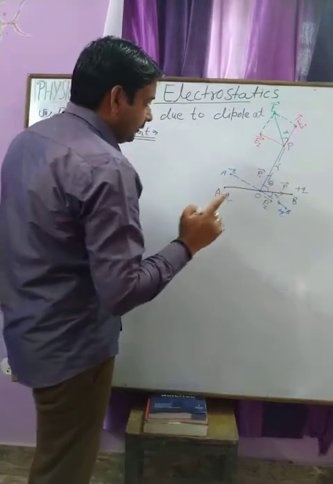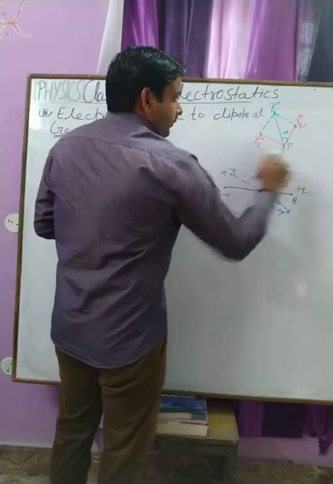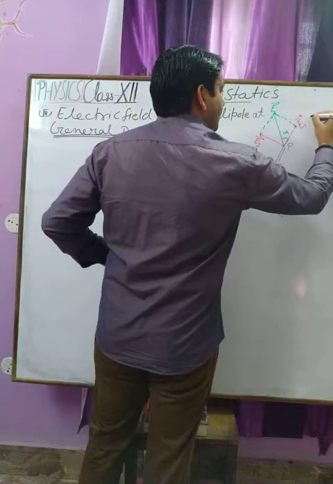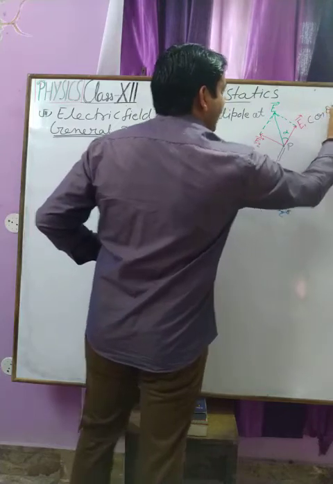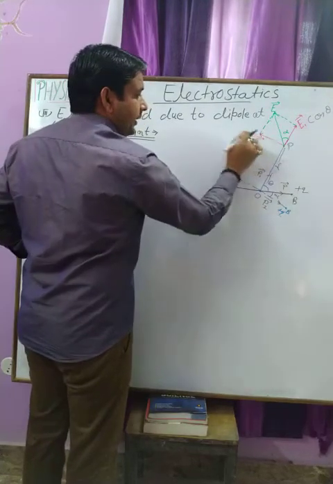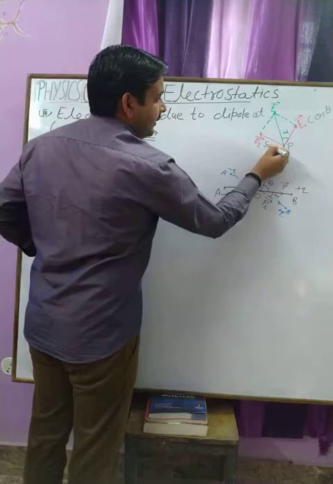So we are getting the horizontal component, this E cos theta, and this is perpendicular to the line, so it is the vertical component E sin theta.